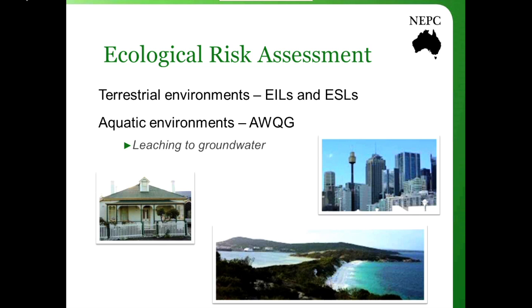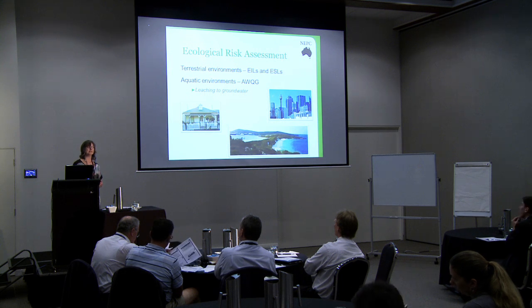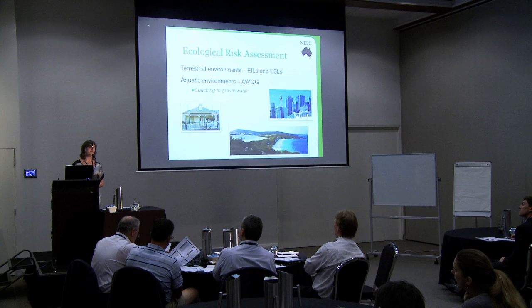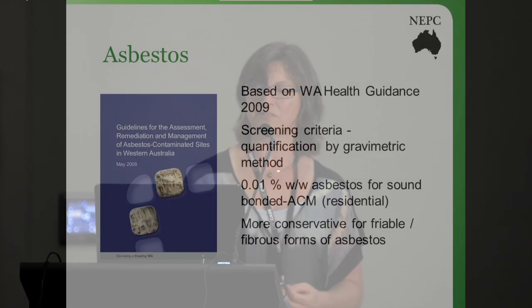There is also, in B5B, the ecological risk assessment methodology guideline, in one of the appendices, a methodology of how to develop EILs which are protective of groundwater. That's a very conservative approach.